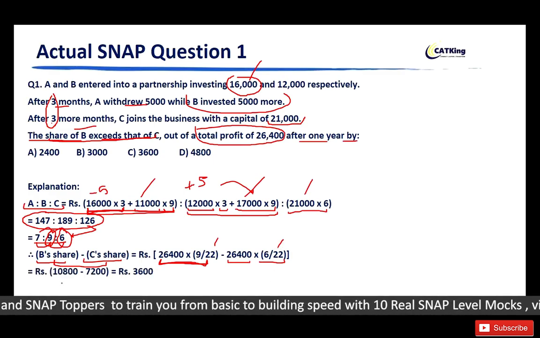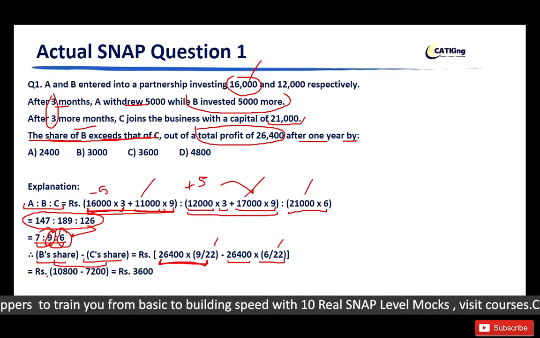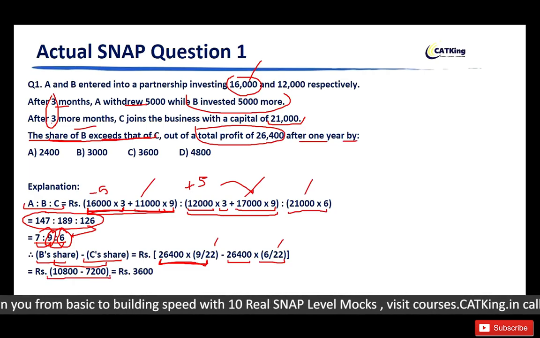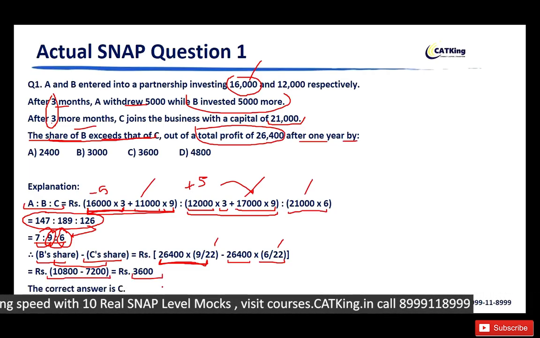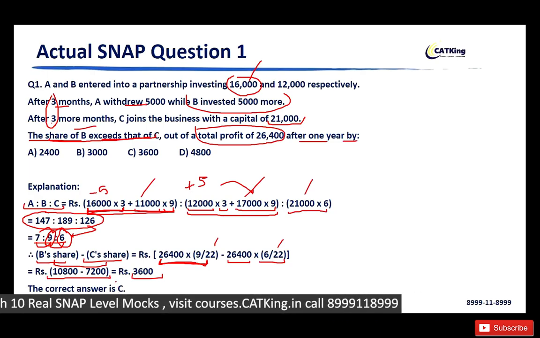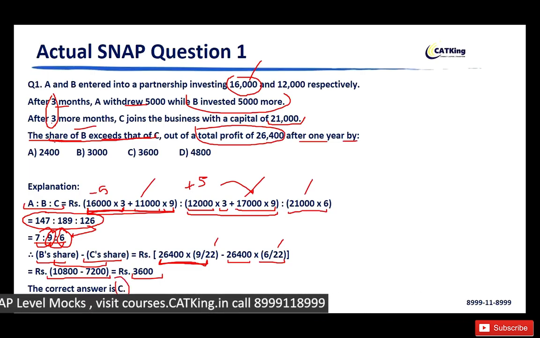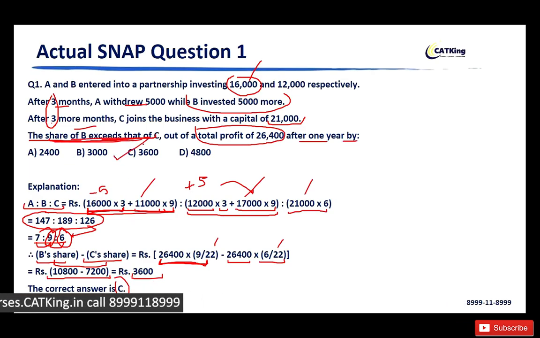And when you calculate, you get the value as 10,800 minus 7,200, that is 3,600. Therefore, the correct answer is option C, that is, the share of B exceeds that of C by 3,600, that is option C over here.